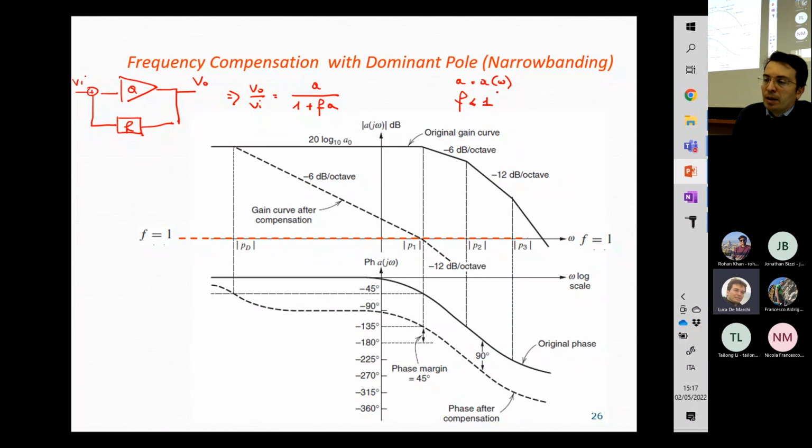When the product a times f is much larger than the unity, we have that V out over V in can be approximated by this formula, 1 over f.